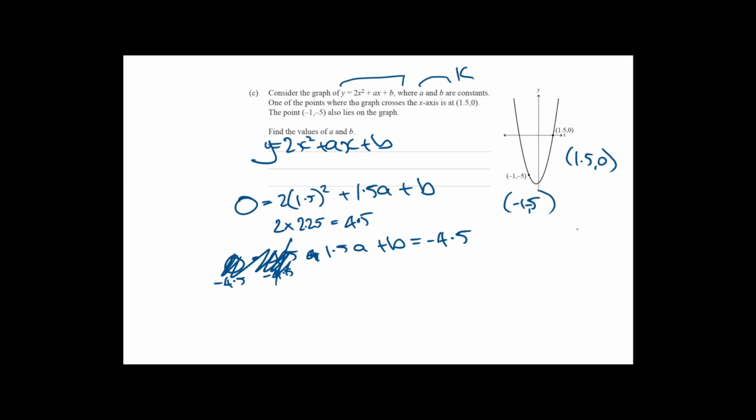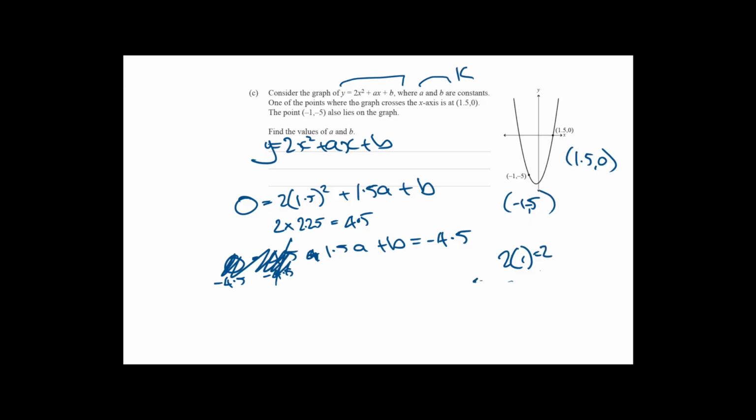The other one is -1, -5. So 2 times -1 squared, -1 squared is +1. 2 times +1 is obviously 2.